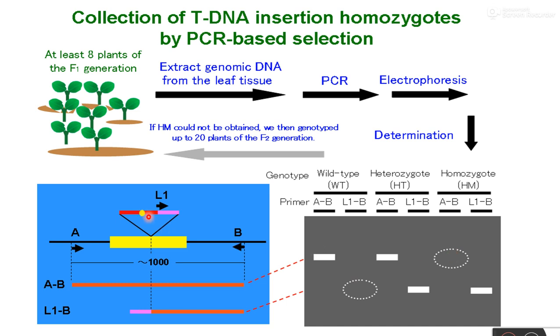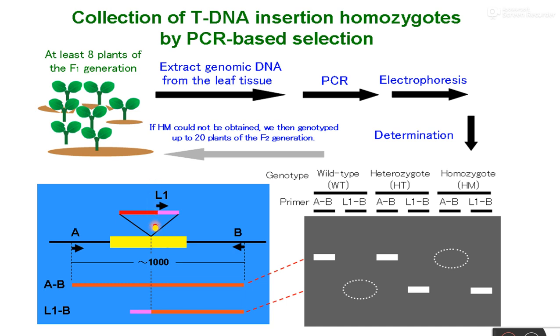So the answer is that if a particular tDNA is inserted between the region of A to B of the gene, then due to the insertion of this tDNA, its size increases a lot, right? The length of this A to B region increases a lot, right?